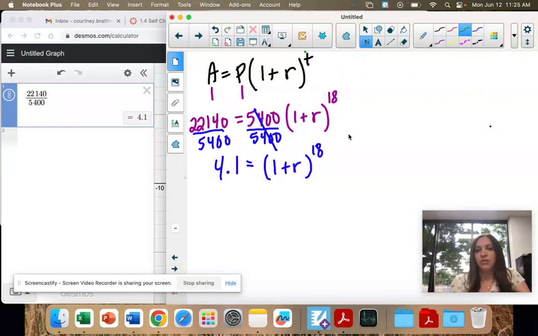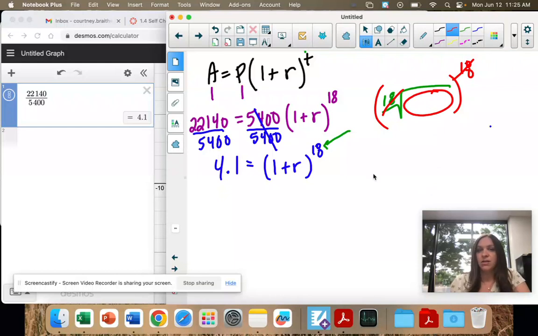So now we need to get rid of this 18. So this is to the 18th power. So the opposite of something to the 18th power is the 18th root. So that means it's like a square root, but our index is 18. So if I take an 18th root of something to the 18th power, those are opposites, and then you're just left with what's underneath.